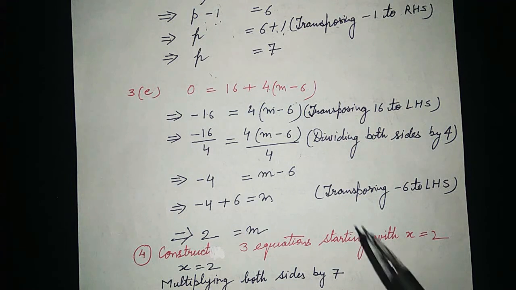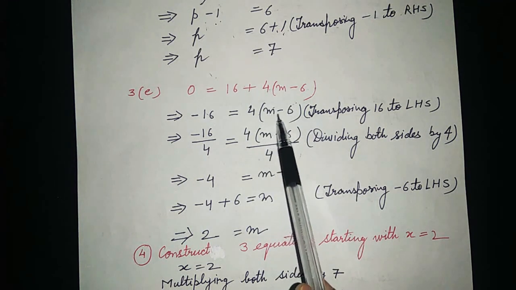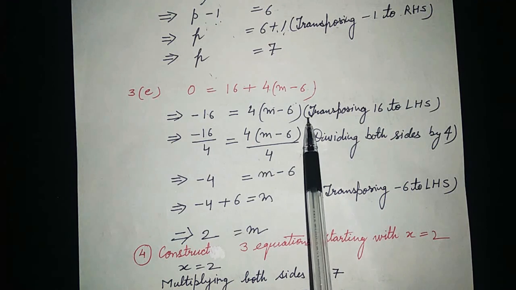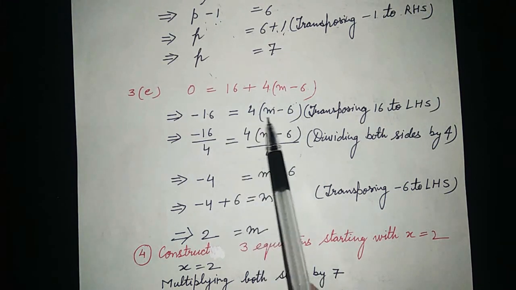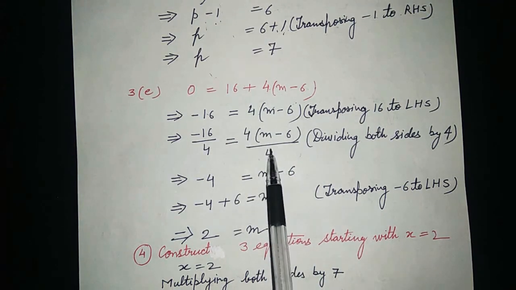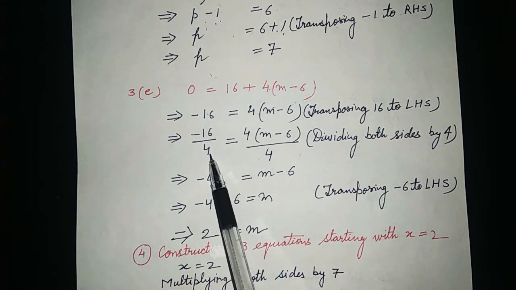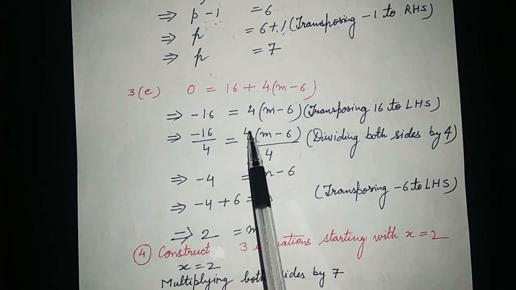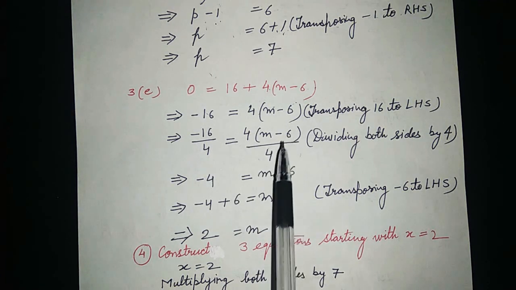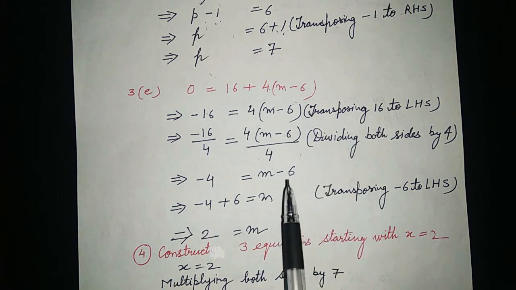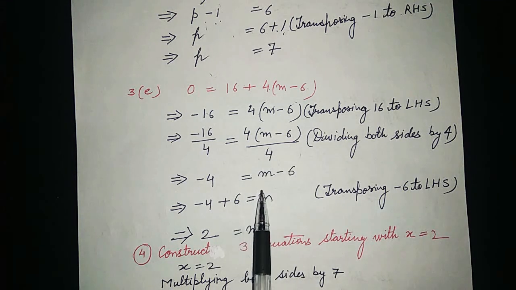Now here you can see 4 is in multiplication with this (m minus 6). So both the sides you will divide by 4, and minus 16 divided by 4 is coming on left hand side, and 4 into (m minus 6) divided by 4 coming on right hand side.